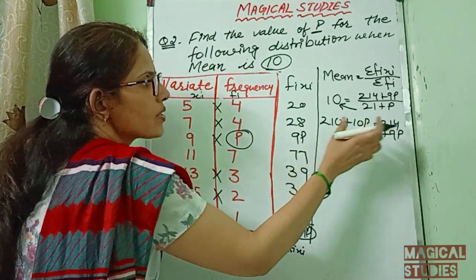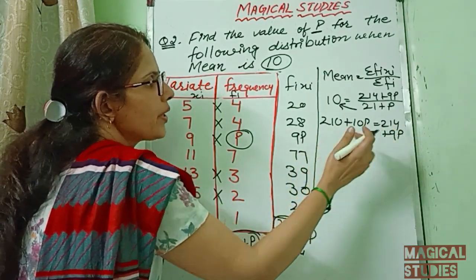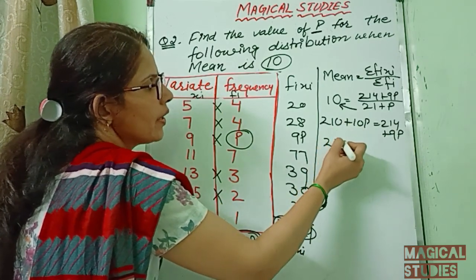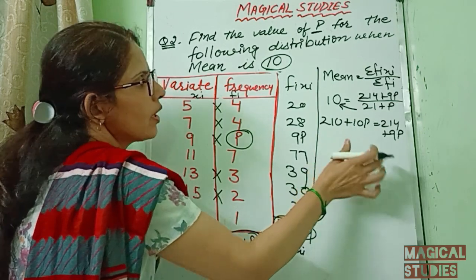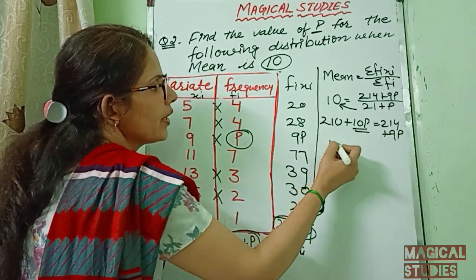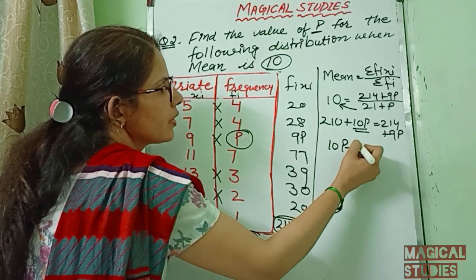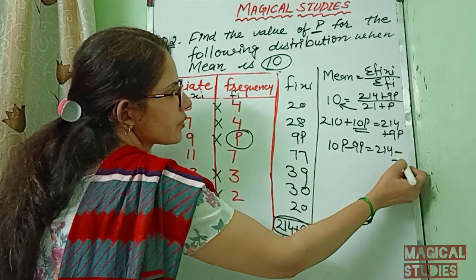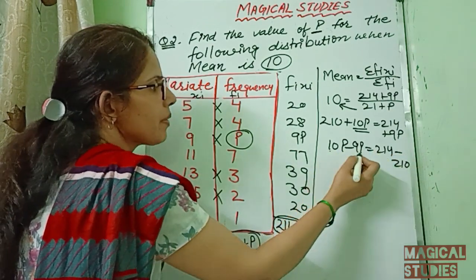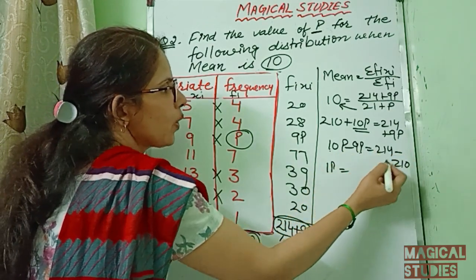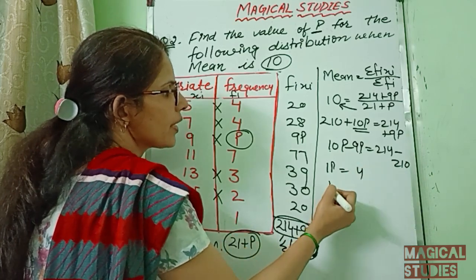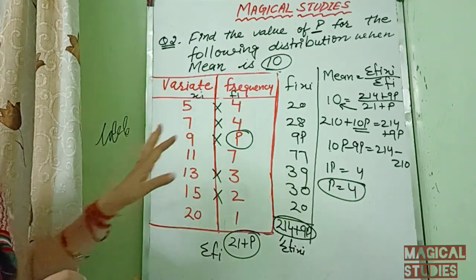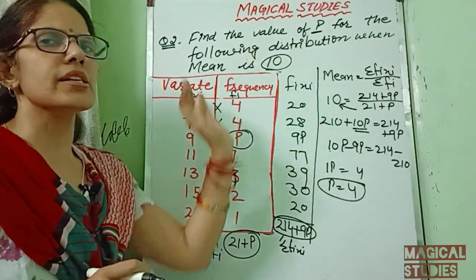Just put the variables on one side and the constants on the other side. Variable on the left side and constant on the right side. 10p minus 9p is 1p, and 214 minus 210 is 4, that is p is equal to 4. That's how we can find the value of P when the mean is given.